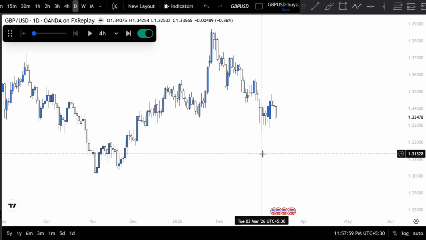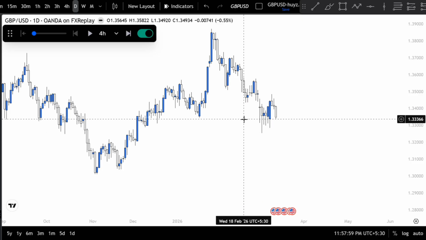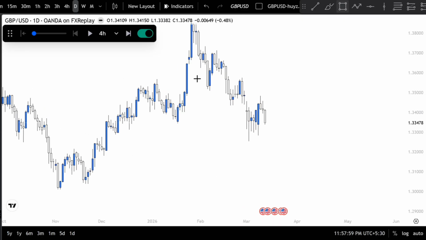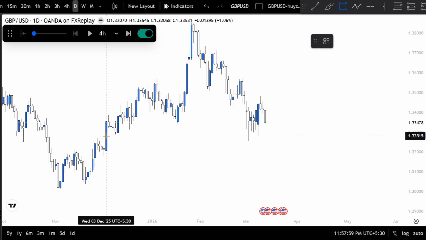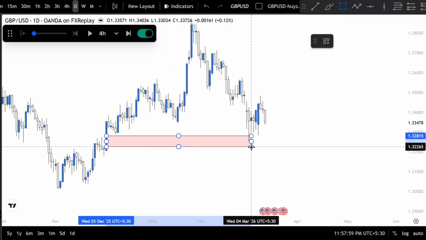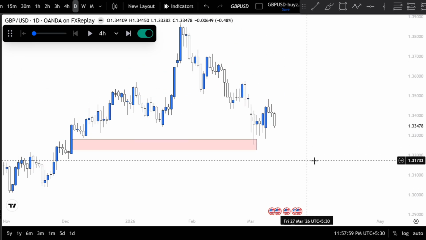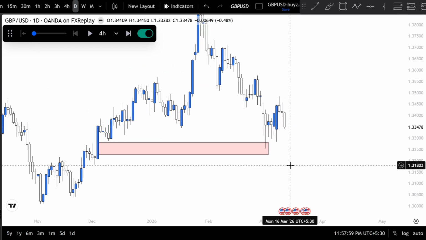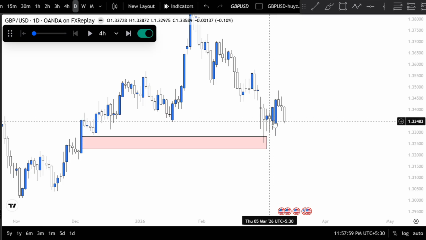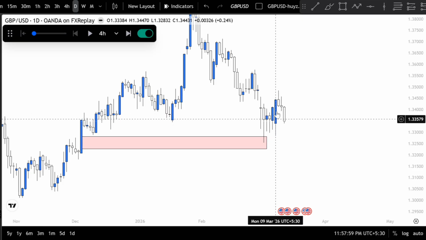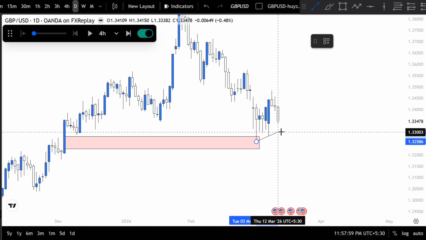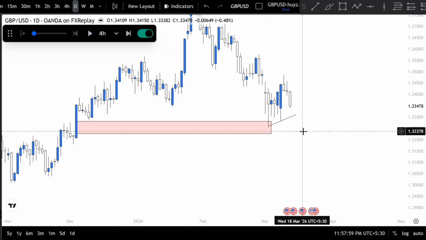Now we are on the chart GBPUSD on the daily time frame. First, we can see that price came and tapped into the fair value gap here. After price came into the fair value gap, there was no expansion over here, so we can consider this part as liquidity, right?